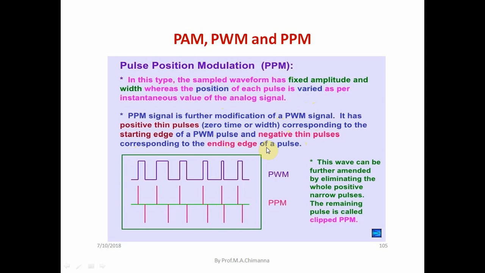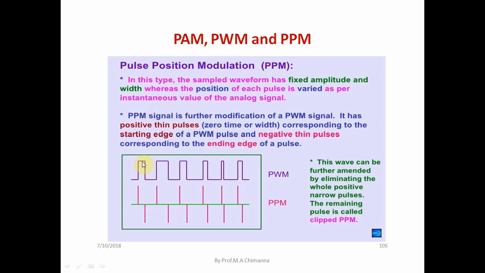Starting from here, suppose this is the first pulse in the case of pulse width modulation. At the starting edge, the amplitude increases and the positive pulse is generated, and up to here the amplitude is constant.